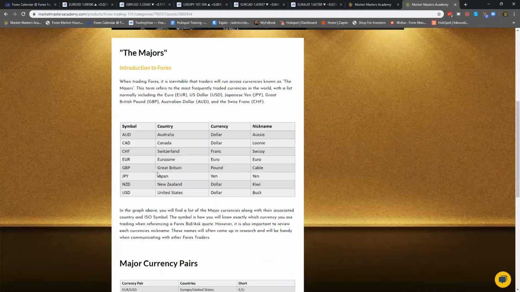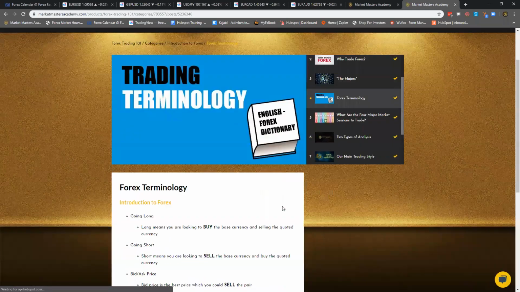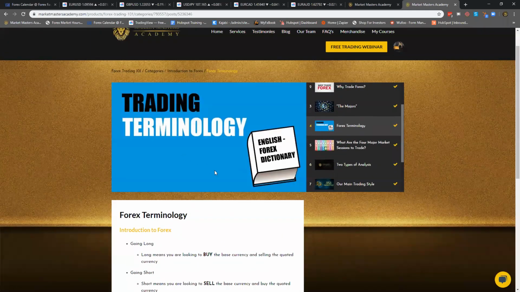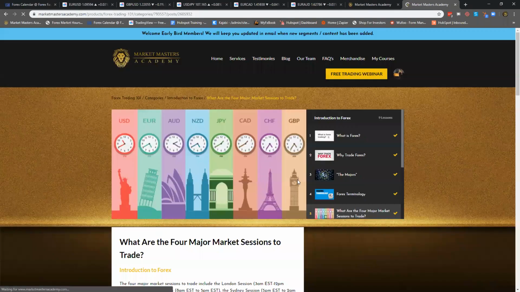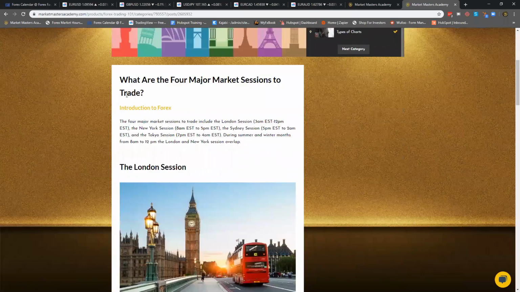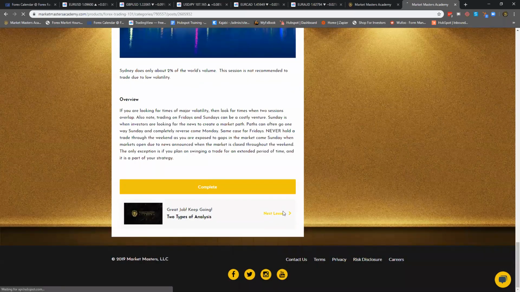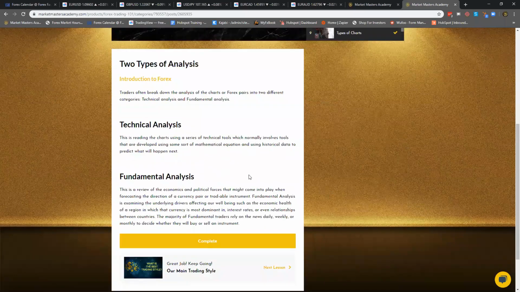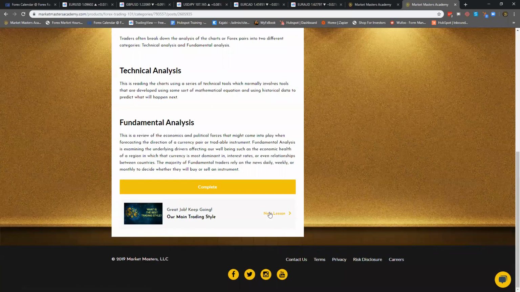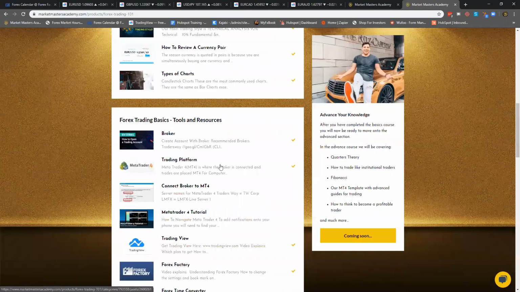Going through the majors, so you can understand the nicknames and get more advanced. The beginning portion is mainly text and the knowledge part, but then once we get into the next section, these are the 4 major sessions: London, New York, Tokyo, Asian session. Then 2 types of analysis, technical analysis and fundamental, so you know everything and you're not just skipping through everything.